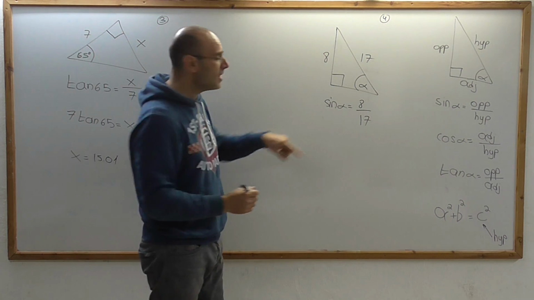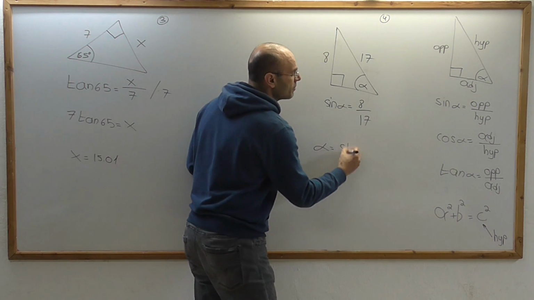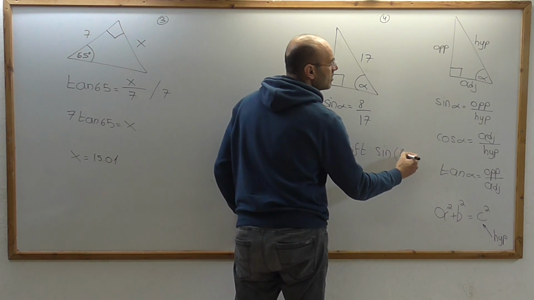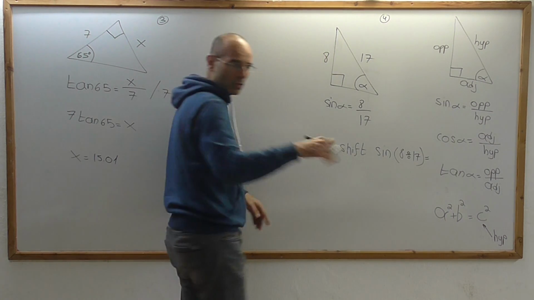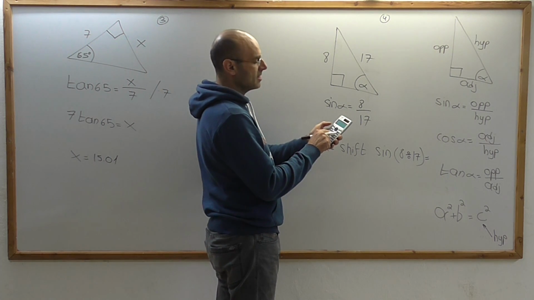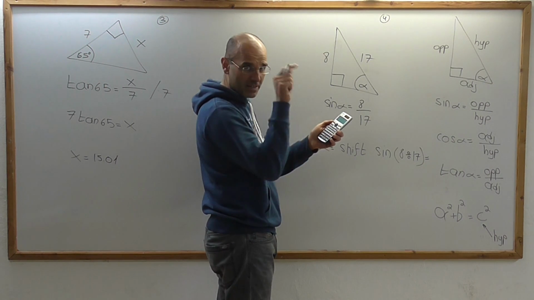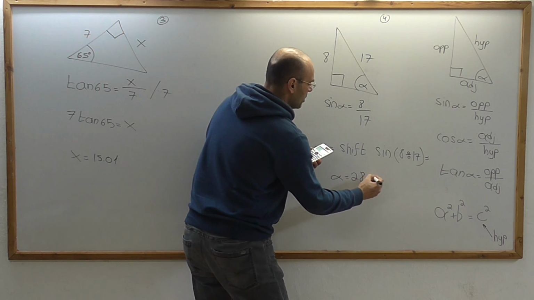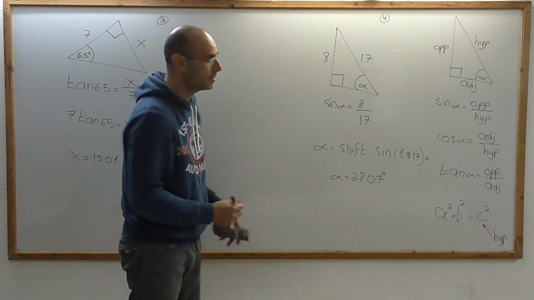In order to find the alpha, we go to the calculator and we press shift sine 8 divided by 17 equals. If you do it correctly, you should get 28.07 degrees. Okay? Make sure you get it.